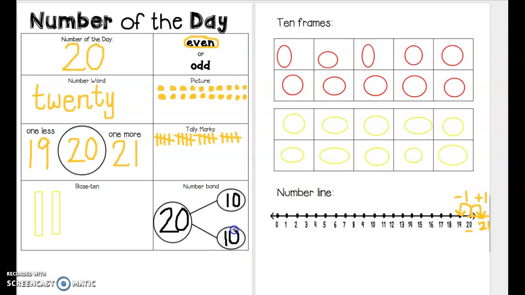That is one way to make 20. If I was at 10 and I needed to hop to 20, how many more would I need? 10 more, right? All right, so let's think about a story problem that would help us with that.